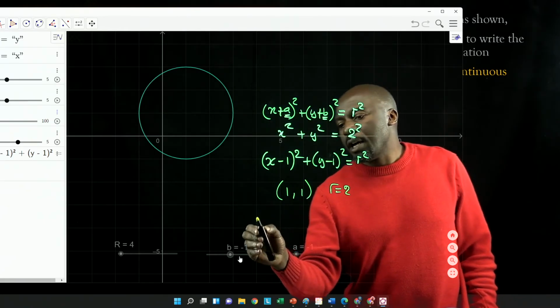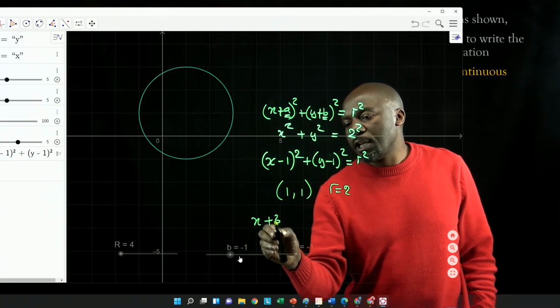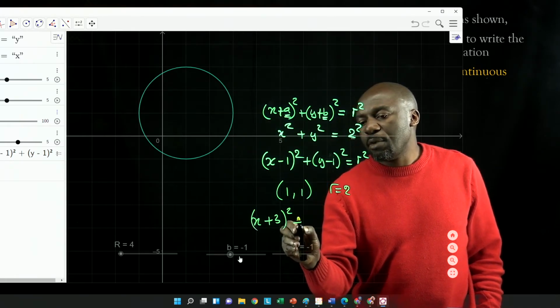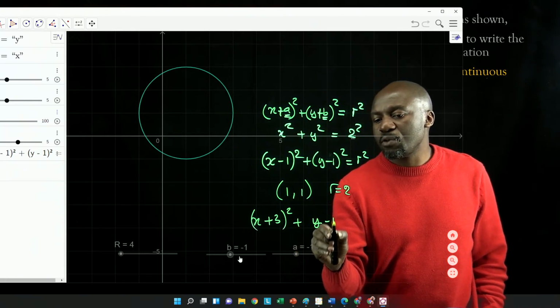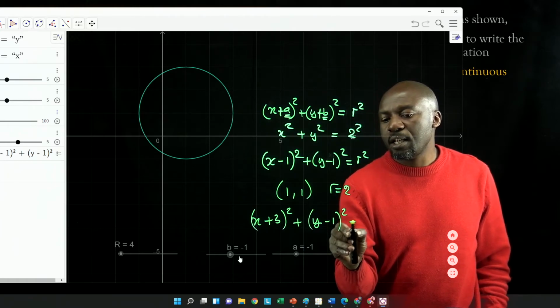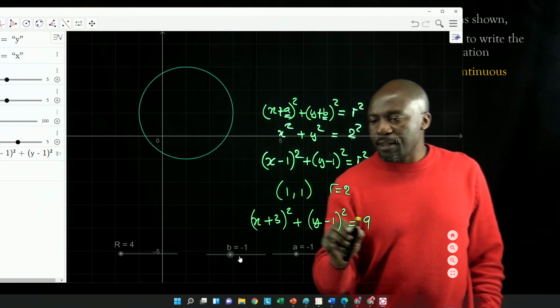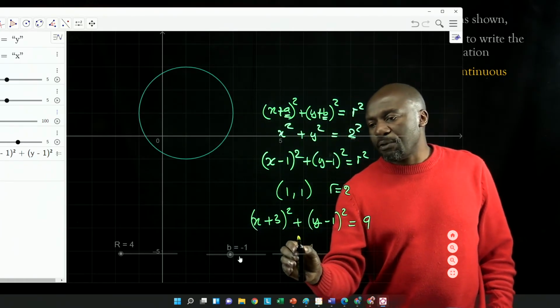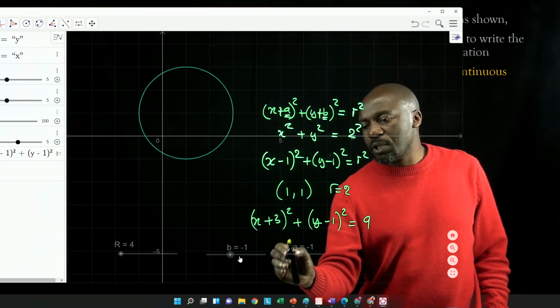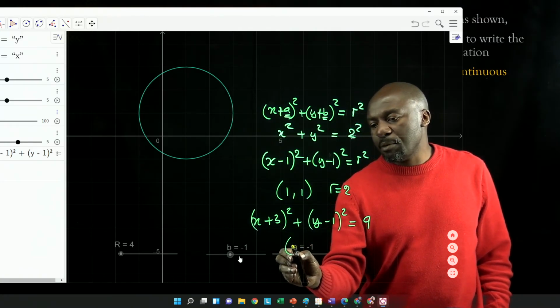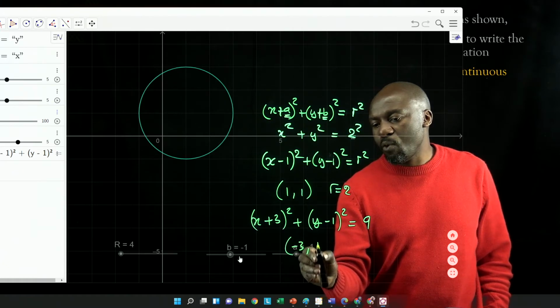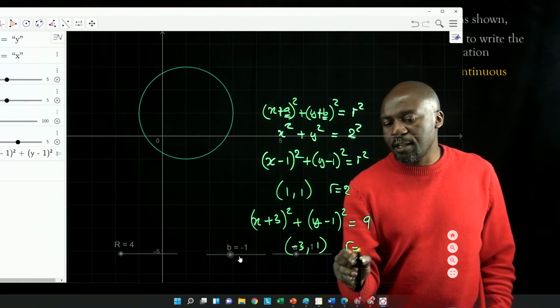If I have, say, (x plus 3) squared plus (y minus 1) squared equals 9, then this is a circle whose center is (-3, 1), and radius 3.